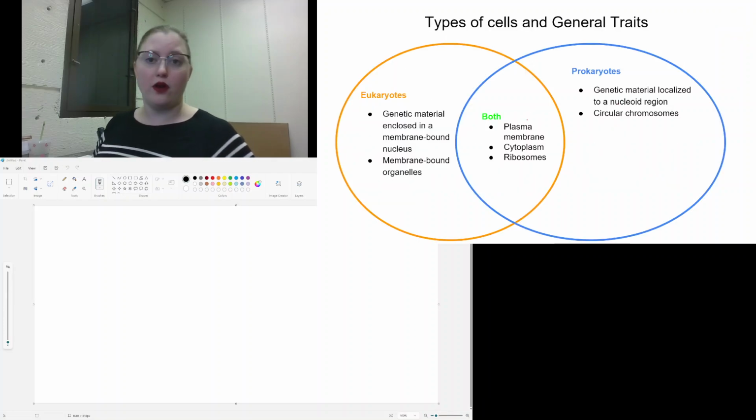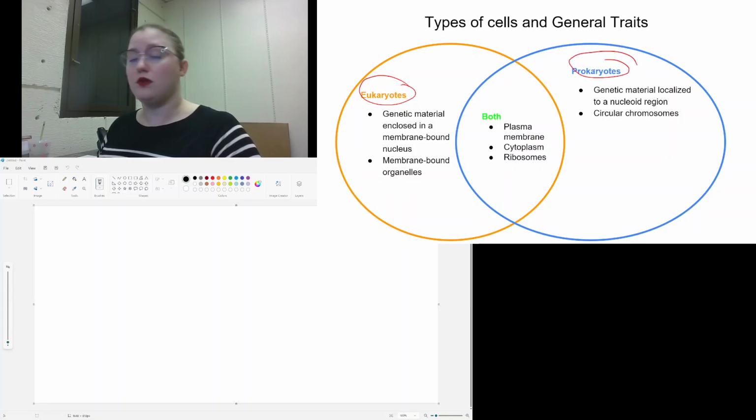Okay, so let's go over our types of cells. In general, we've got our eukaryotes and our prokaryotes. The big feature between them is the nucleus and the membrane around it. So a membrane-bound nucleus and membrane-bound organelles.